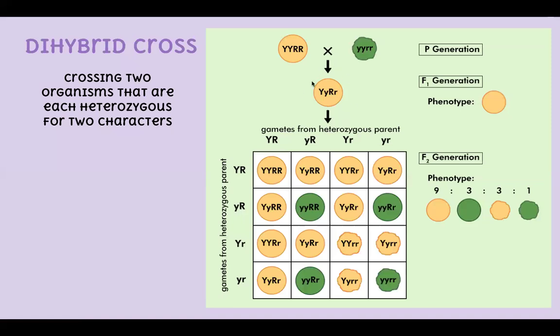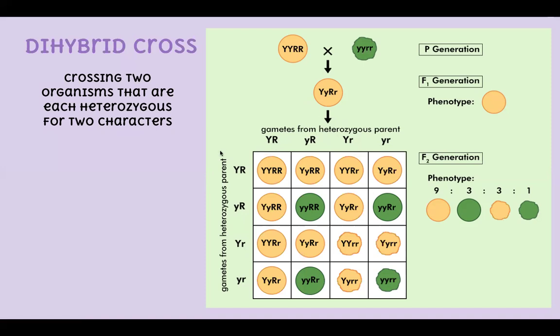And if he got a plant that was double heterozygous, big Y, little y, big R, little r, right? Heterozygous for the Y and heterozygous for the R, double heterozygous, and he crossed it with itself, then we would end up with two double heterozygous parents. Okay?